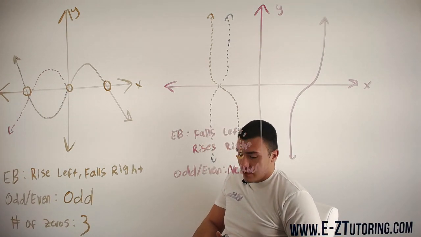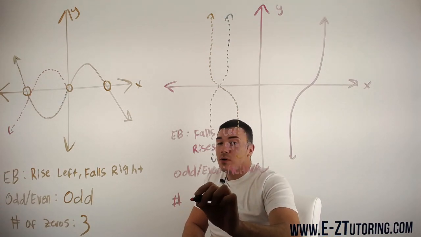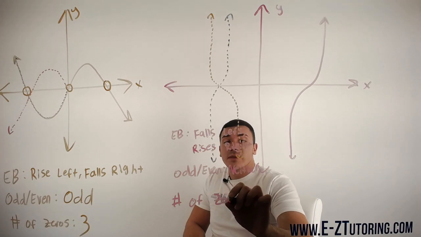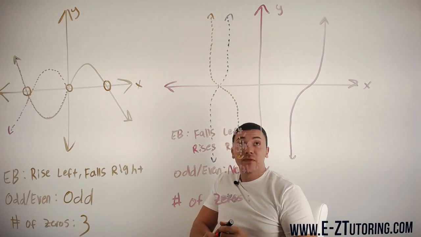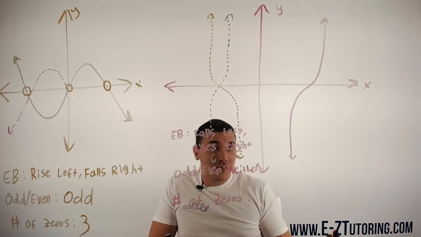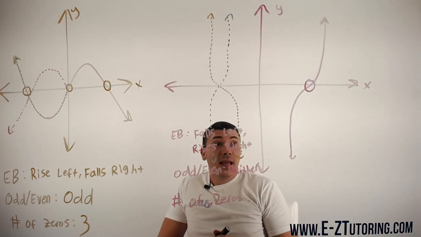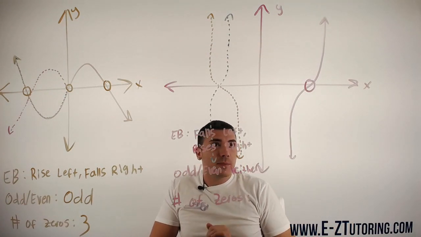Alright, so now that we figured all that out and we made a big jumbled mess here, now we can find the number of zeros. Once again we want to see just where the original function crosses the x-axis, which is right over there. And after we find that, you just need to look at the multiplicity.